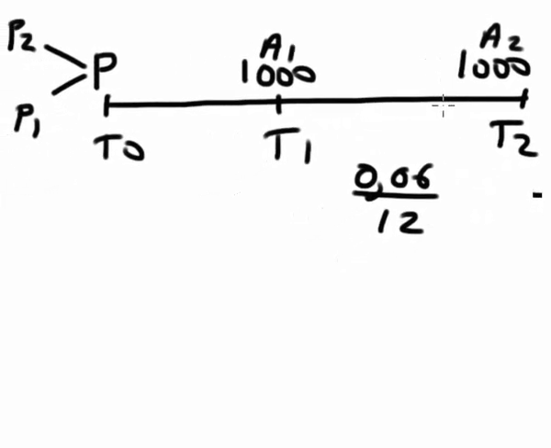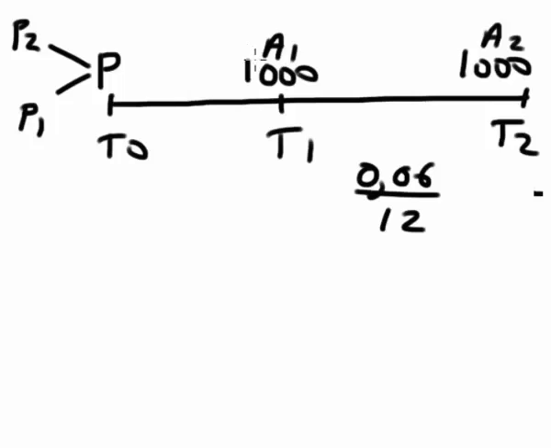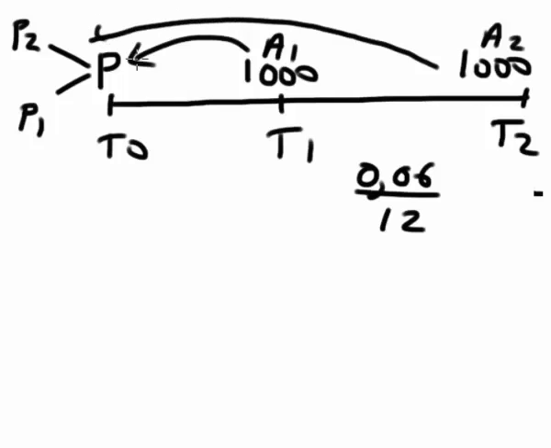So essentially we looked at that 1,000, removed the interest off that one, removed the interest off that one, and then we had P1 and P2. Add them up and you get the value of P.